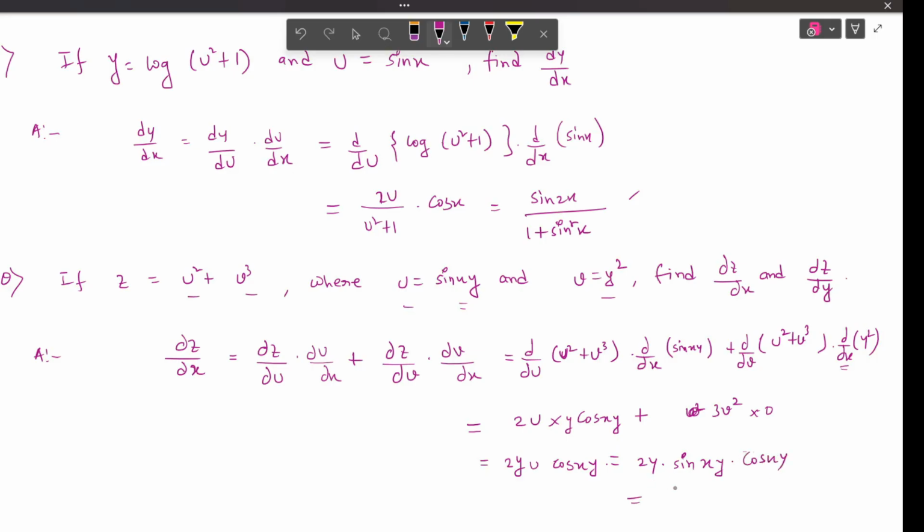So 2 sin times cos would be sin 2, so it would be y sin 2xy.